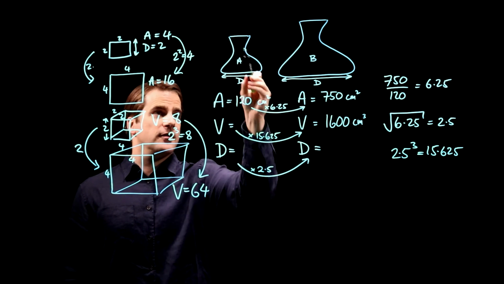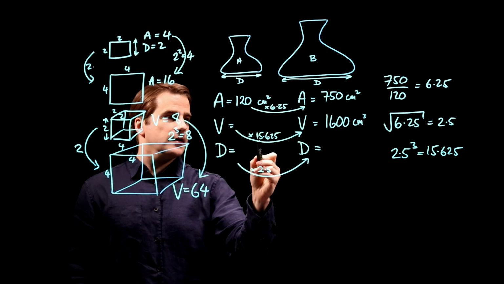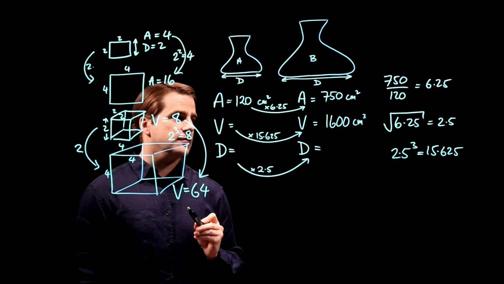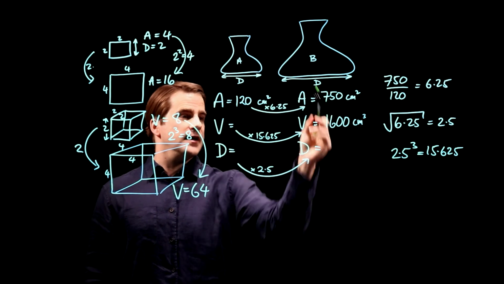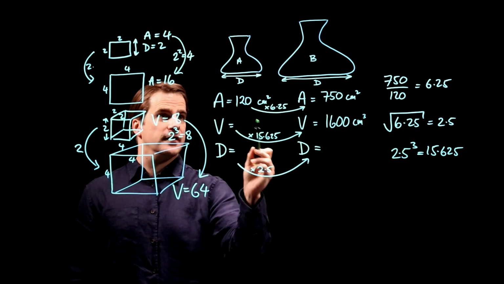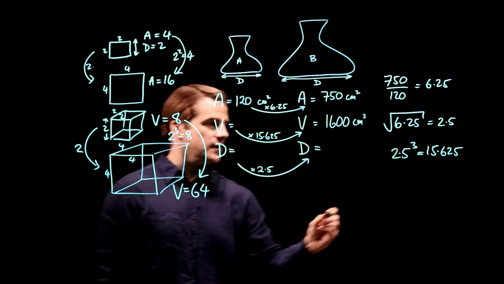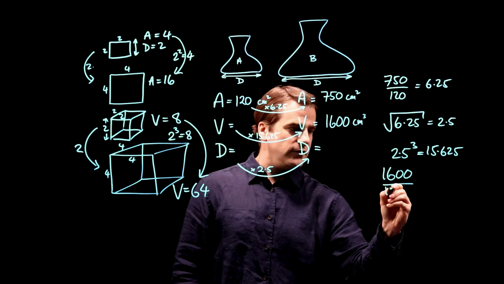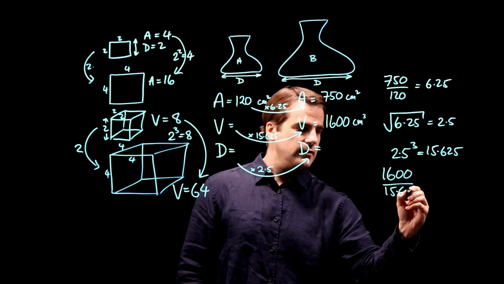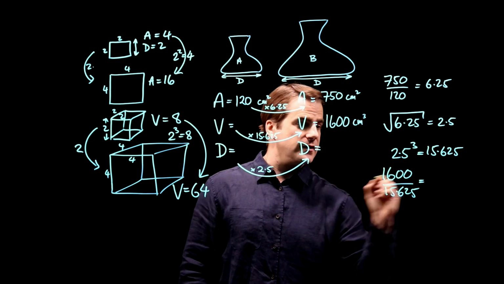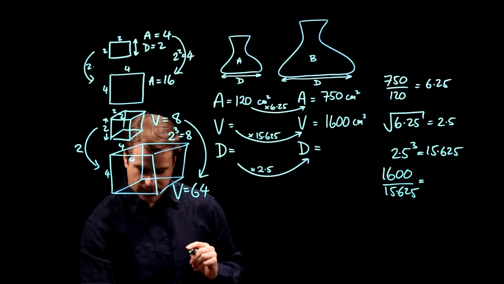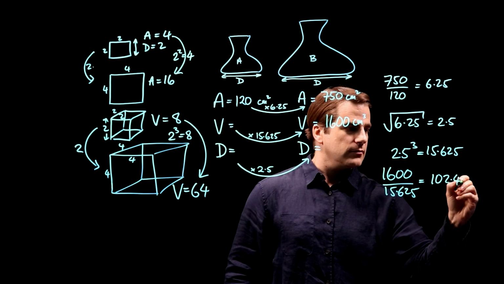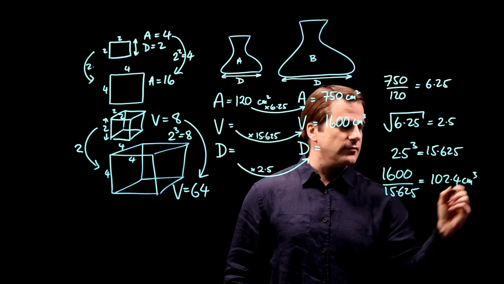So whatever the volume of the smaller one is, it's this divided by 15.625, because this volume is 15.625 times bigger than this volume. So to work out the final answer, just put 1600 divided by 15.625. Put that in your calculator and it comes out at 102.4 centimeters cubed, because it's volume.